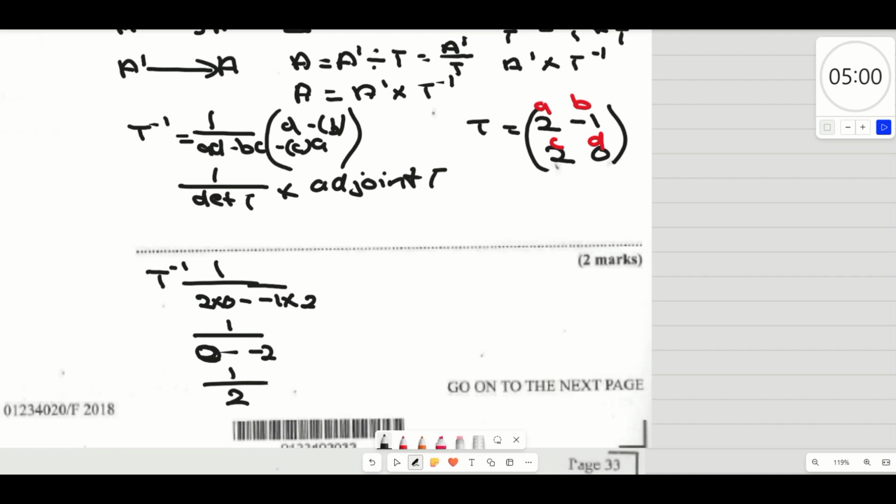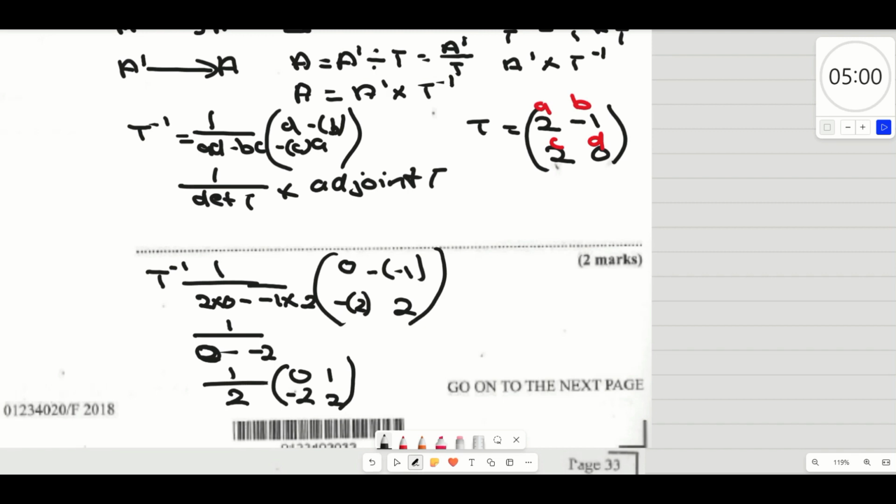And then we're going to switch the positions of D and A. So it's going to be 0 on top, 2 at the bottom, and minus 1 is B. B is minus 1. And minus, what is C? 2. All right, so it's a half of 0, minus, plus. It's plus 1, and minus 2, and then 2 here. That's what this is going to turn to.